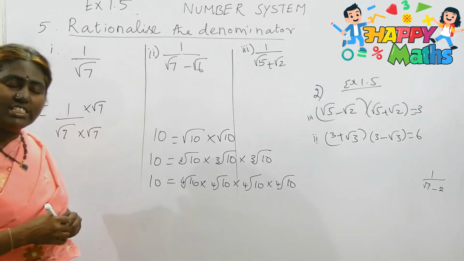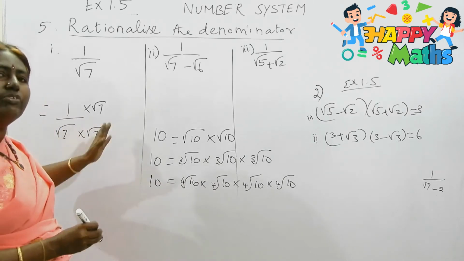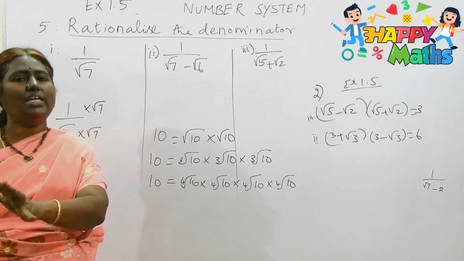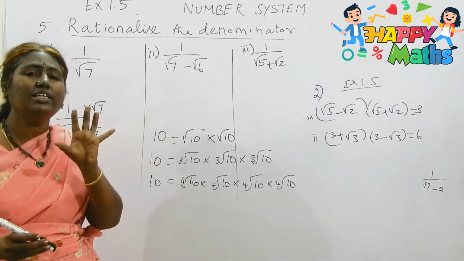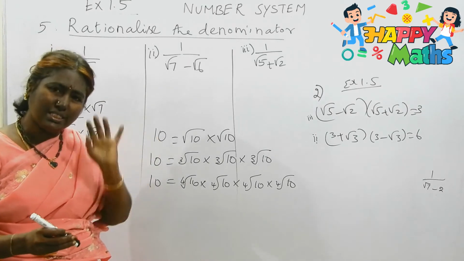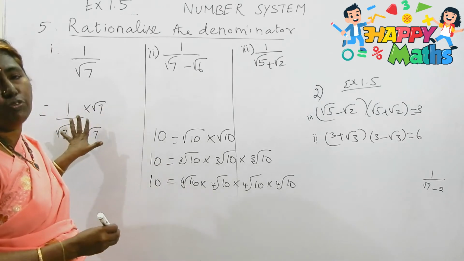Without changing the value, as in the fraction video I would have told you, you can convert the denominator of any fraction into multiples of any other number without changing the value. How? By multiplying or dividing the numerator and denominator by the same number. The same principle is followed here.